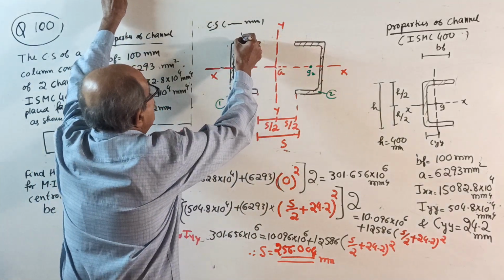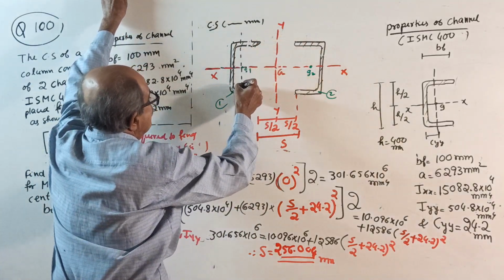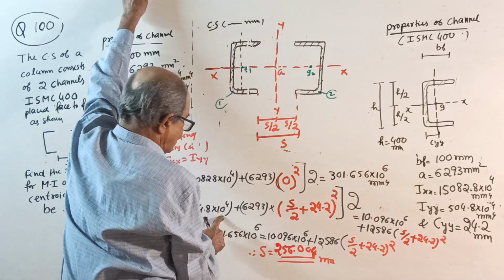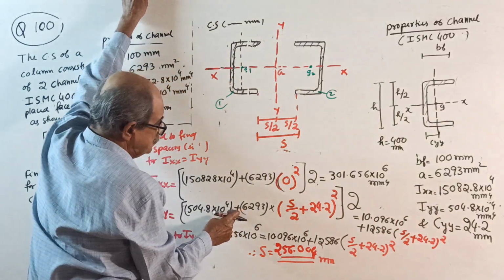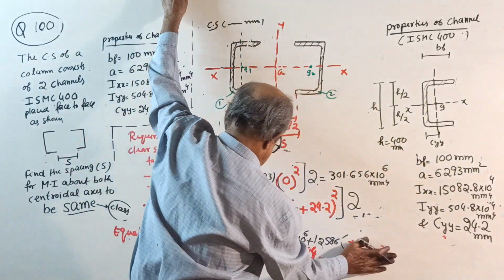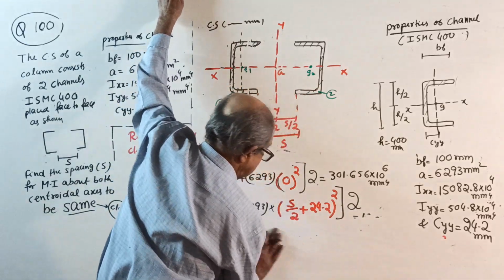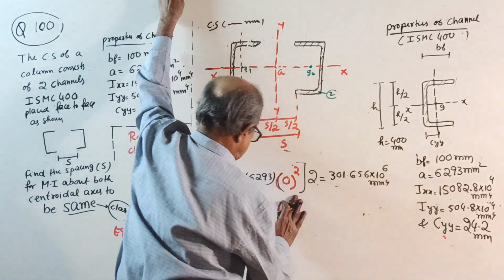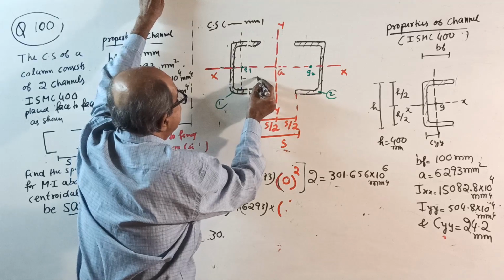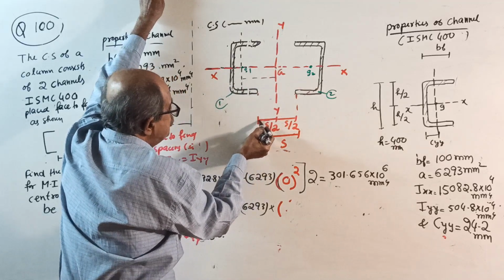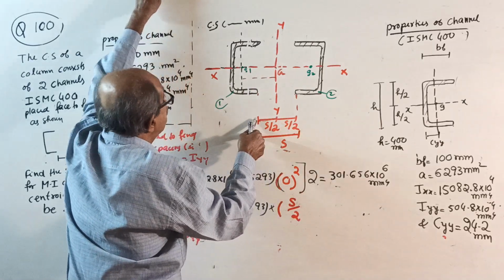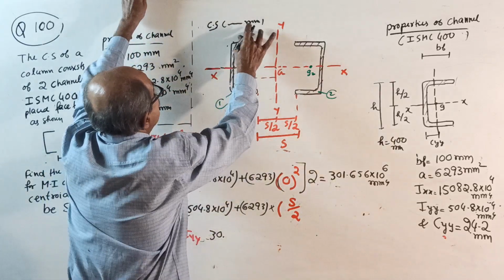First, I about its own centroidal axis, about this axis, is 504.8 10 to the power 4 plus 6293, the area, into, now you should be careful, this distance square. That is S by 2 plus the width of flange.